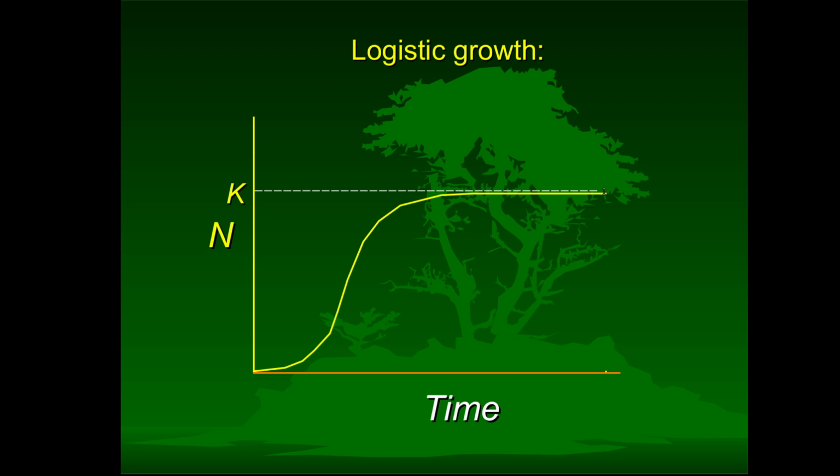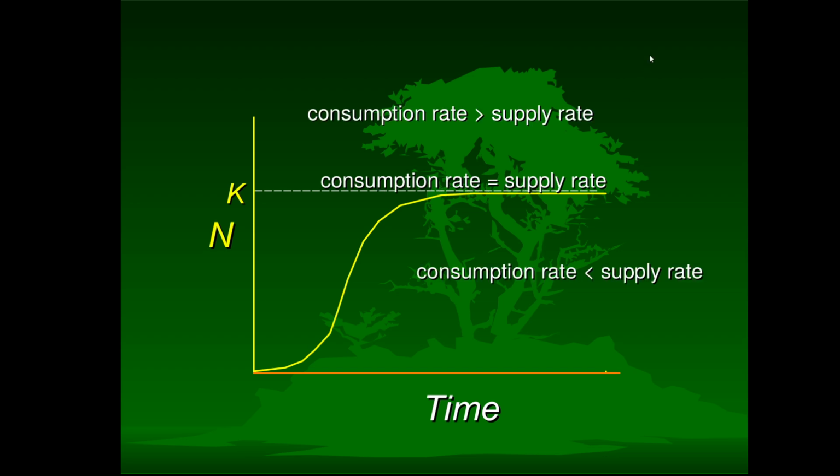So now we ask, what happens if we add a competitor? Well, then the entire logistic curve has to move down. Consumption rate equals the supply rate at the carrying capacity. Above the carrying capacity, the consumption rate is greater than the supply rate.